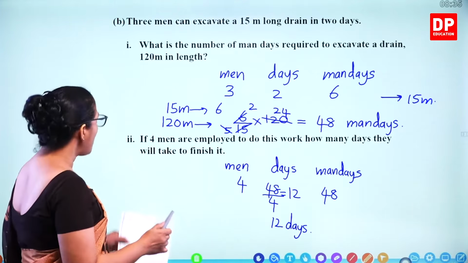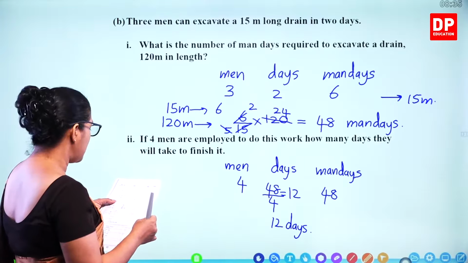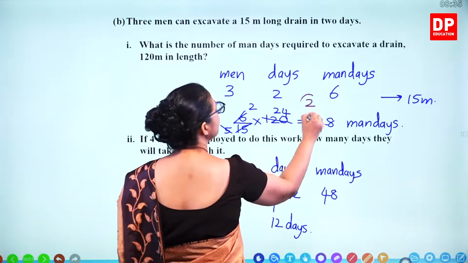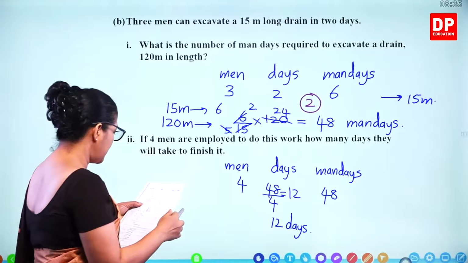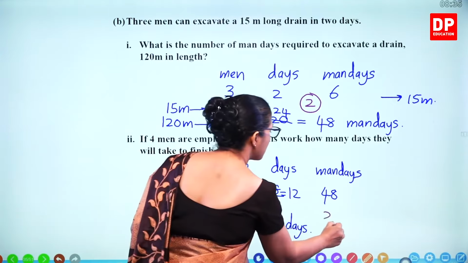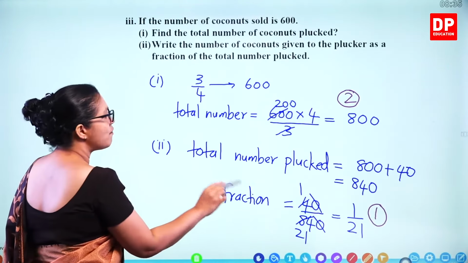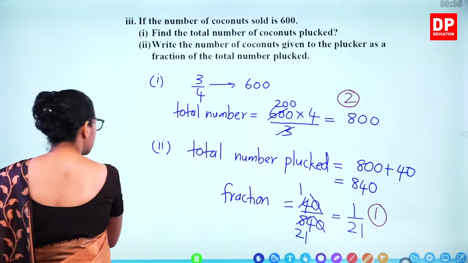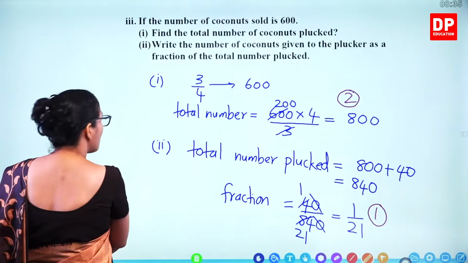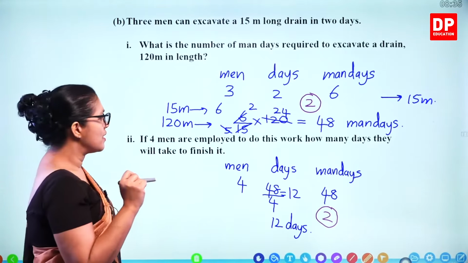So we'll see how many marks for part B. Calculating 48, you get 2 marks, and finding 12 days is also 2 marks. So 10 marks for all parts. So that's the first question.